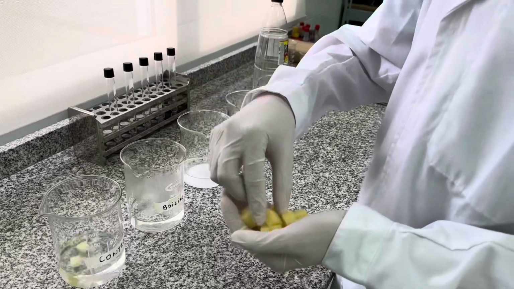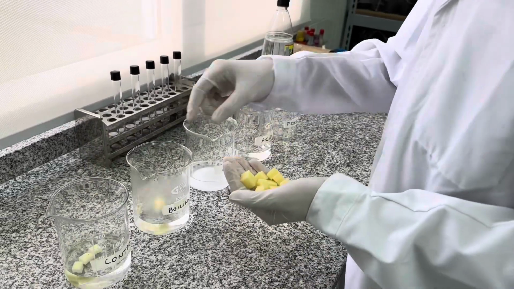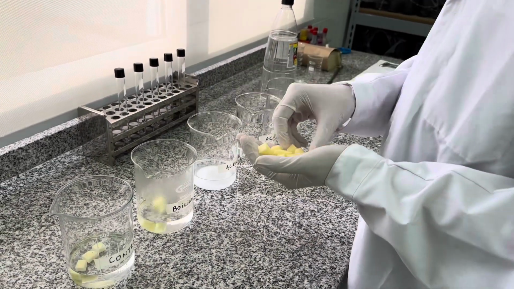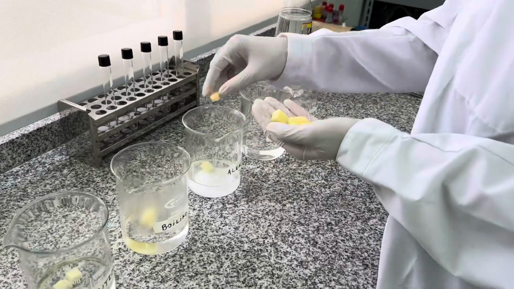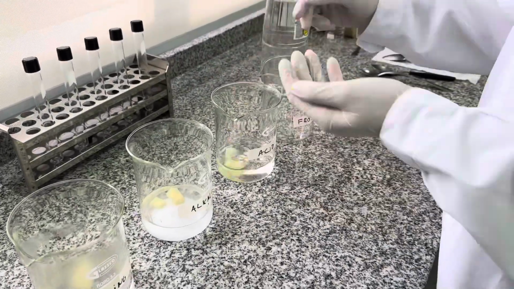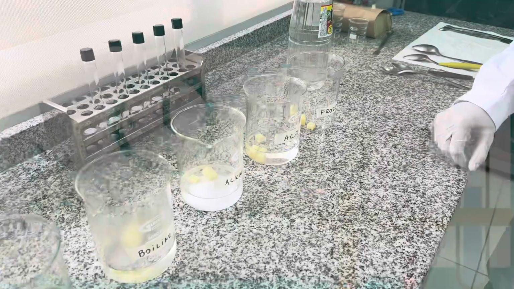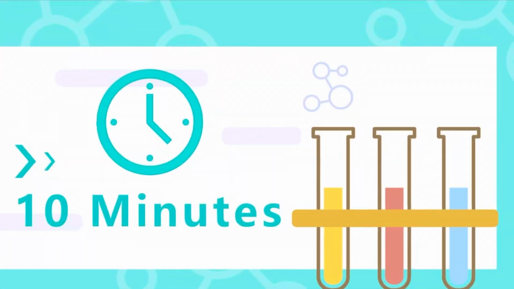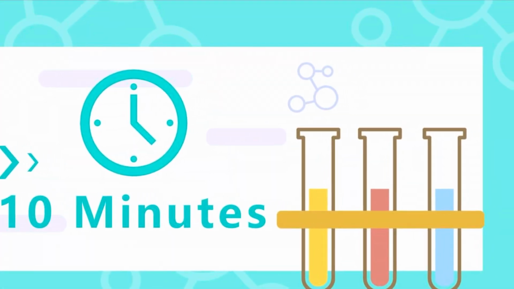We cut the potato in little dices of about 1 centimeter by side. And then we place 3 cubes of potato inside each of the flasks. We leave the potatoes resting in their treatment flasks for 10 minutes. And put the frozen flask with the potato dices inside the freezer.